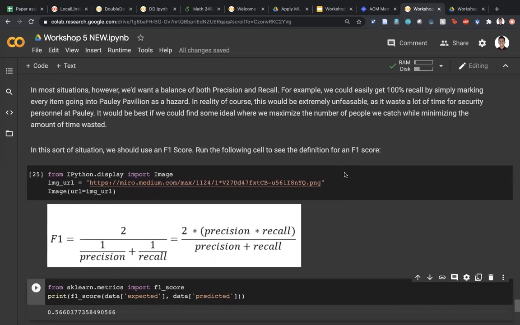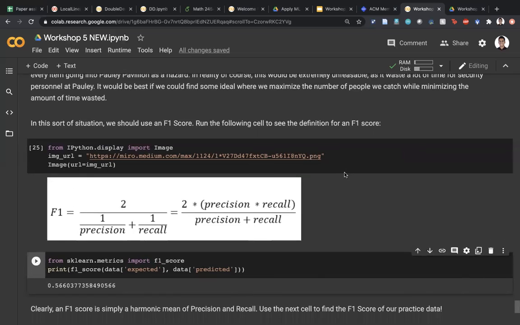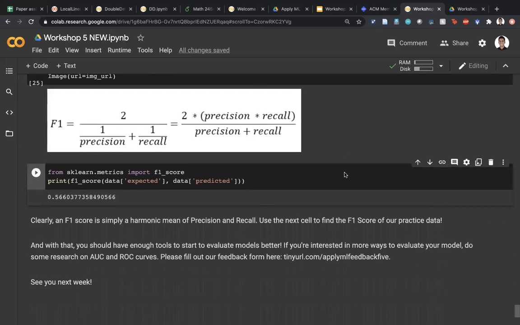But I would say F1 score is like you're trying to find the happy medium between not letting any hazards in, but also not stopping too many people at the gate. I think that one's a little tough to do an example for, just because letting a hazard in would be catastrophic. So sorry about that, but I think that's the best I can do on that one.